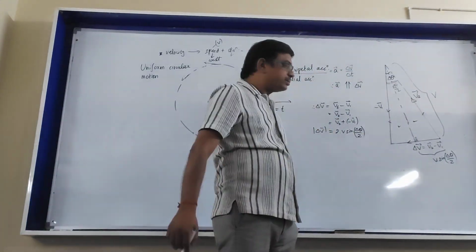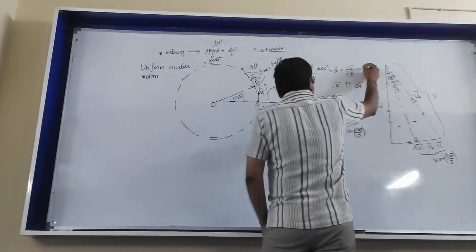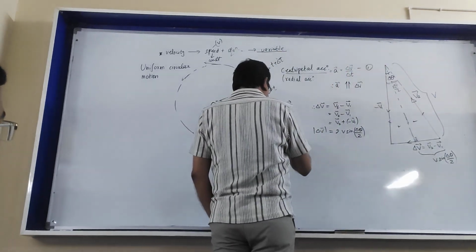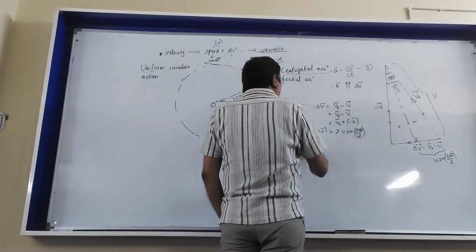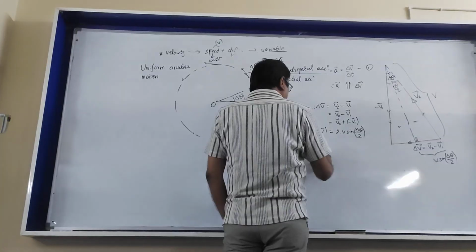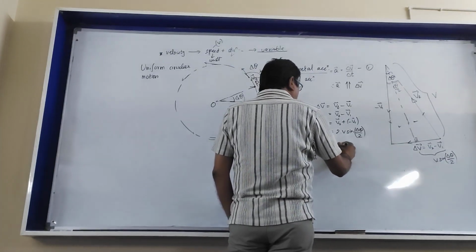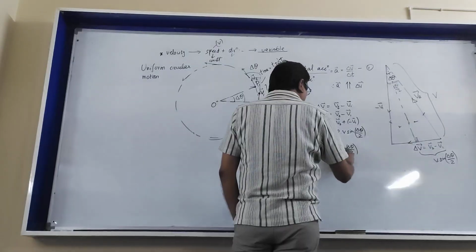Is this clear? So I am going to put it here. From equation 1, I have acceleration numerically equal to mod of delta V by delta t. Mod is 2V sin delta theta by 2 upon delta t.